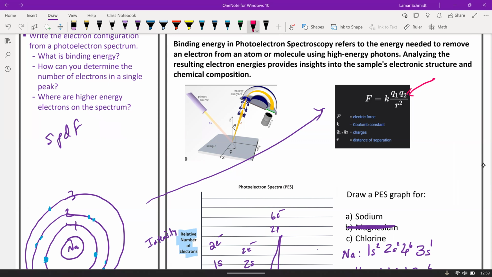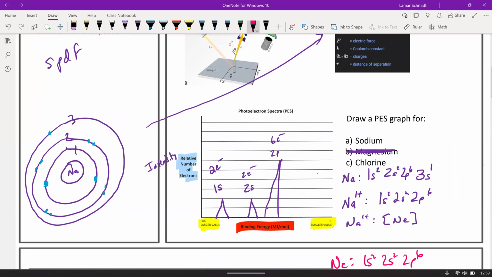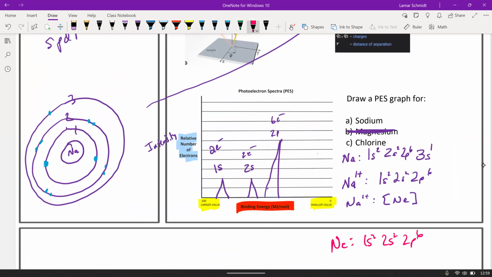Do we see why? All right. So what we would see is that neon actually would have a lower binding energy at the 1s peak. Where else is it going to have lower binding energy? At all other peaks as well. So this might be the 2s, and this would be the 2p. Do we know why?